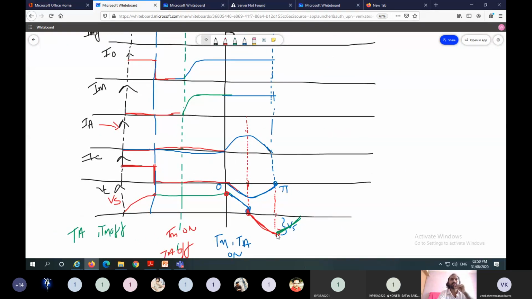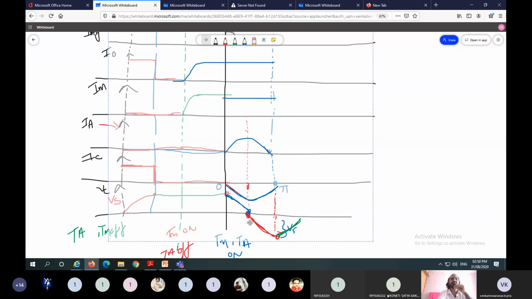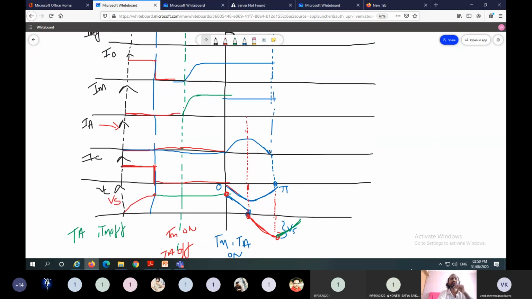So at this point, capacitor discharges. Capacitor discharging means there is a flow of capacitor current like this. If capacitor current flows like this, here the auxiliary thyristor is turned off.